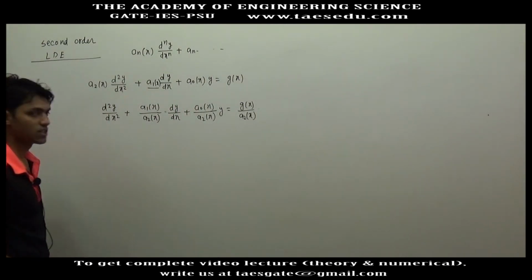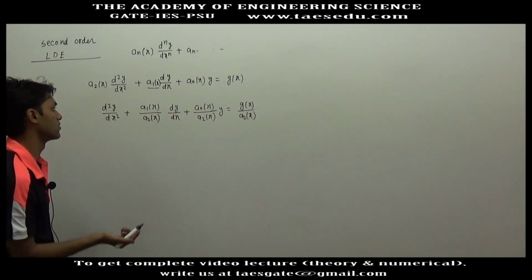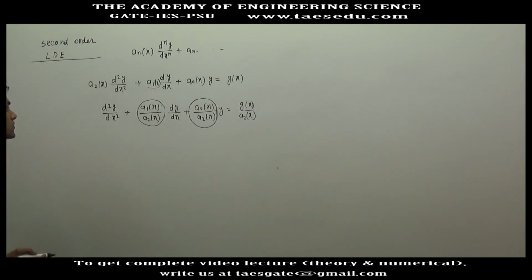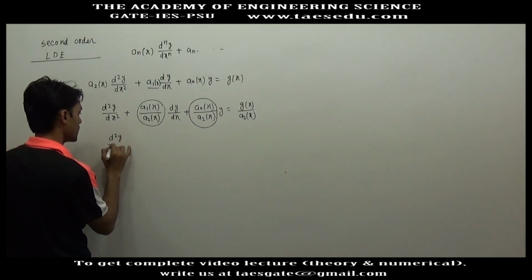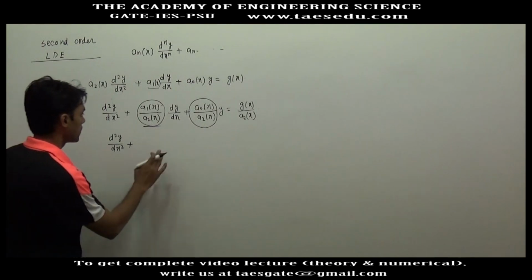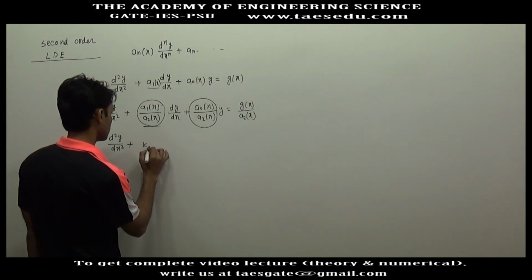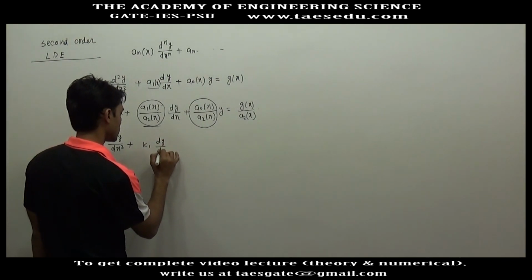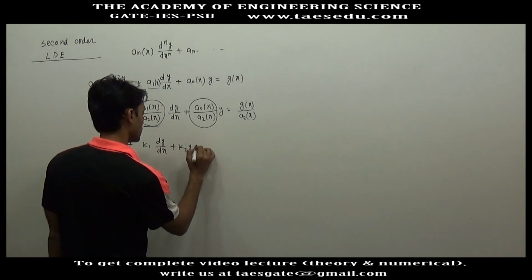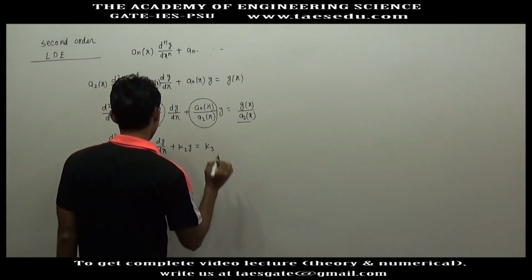But in case of second order differential equations, most of the questions come from the type where these quantities are not functions of x, but constants. So we will have d2y by dx square plus k1 into dy by dx plus k2 into y, and this is also a constant, so here we will have k3.